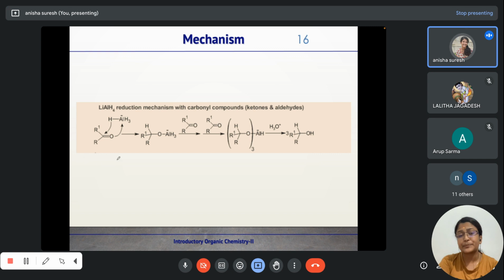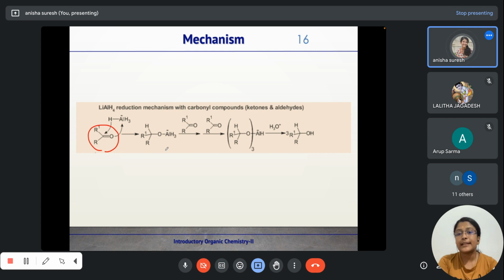This is our carbonyl compound. LAH can come and attack in this fashion, so this aluminum will have a positive charge. This oxygen will add to aluminum, so we will get this intermediate.